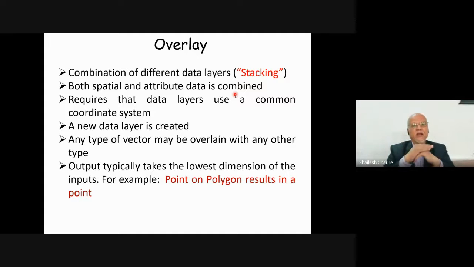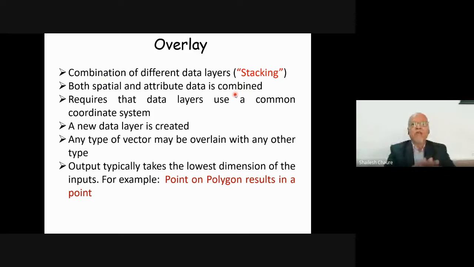Whenever you stack, you will say, okay, sir, when we open the layers in QGIS, they are stacked. One layer is below, another is on top of that, but they are just existing. Overlay means you will do some kind of operation between the two layers and create a third layer. That will be the result of that overlay operation. So overlay is not just visually putting layers on top.